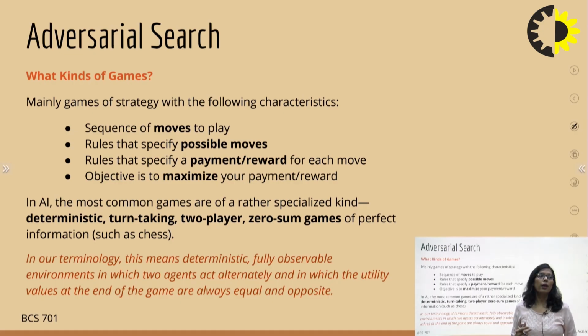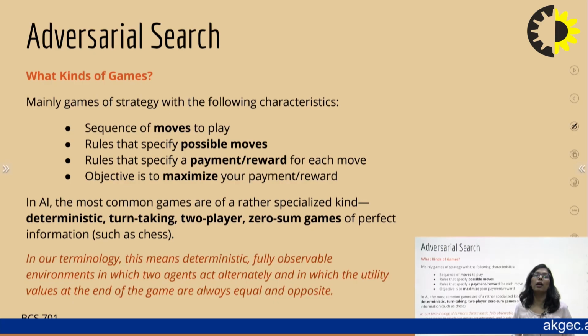Here our environment will be fully deterministic and fully observable, in which we have two agents acting alternately with each other. And obviously, the utility values at the end of these games are always equal and opposite. It means if one agent is getting +5 as utility, the other agent will get -5, and therefore it is called a zero-sum game. At the end, the sum is 0.